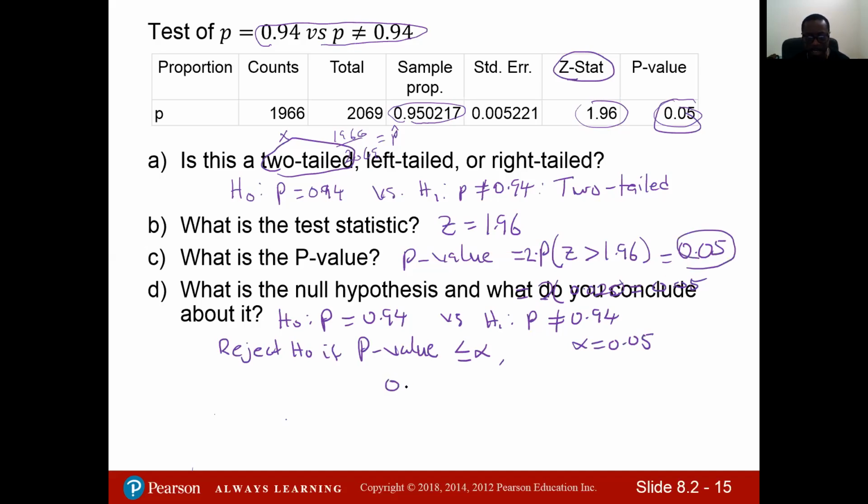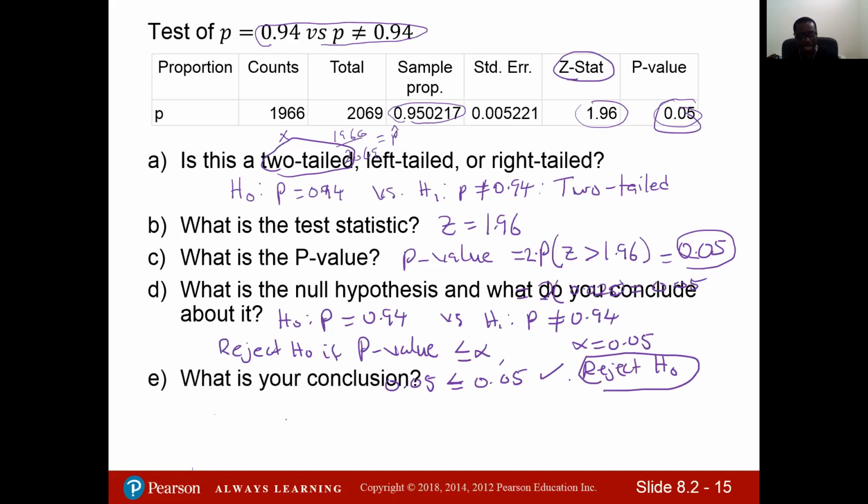So it means that 0.05 is equal to 0.05, and it satisfies that condition. It is equal to. So because of that, we reject H0, or reject the null hypothesis. So that's our conclusion. Our conclusion is that we reject the null hypothesis.